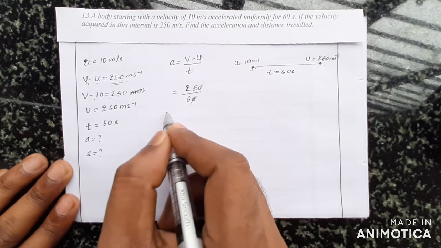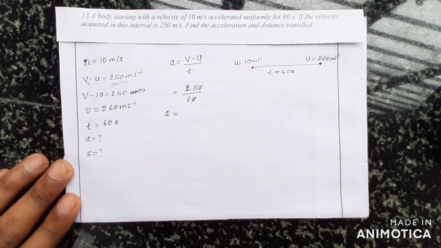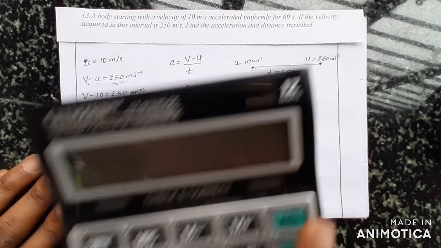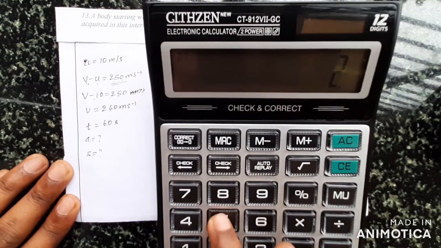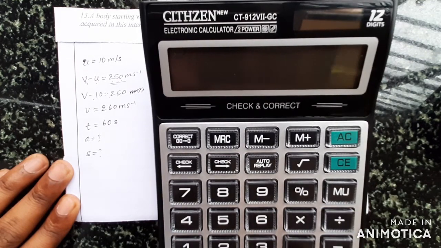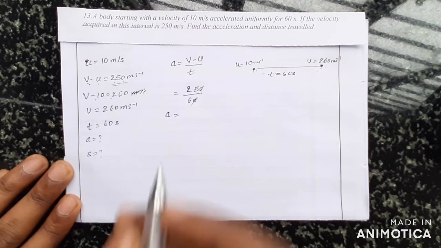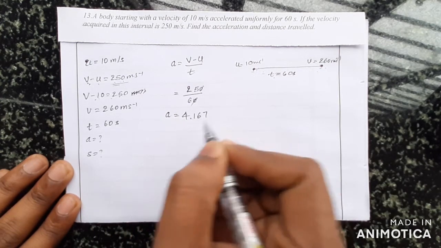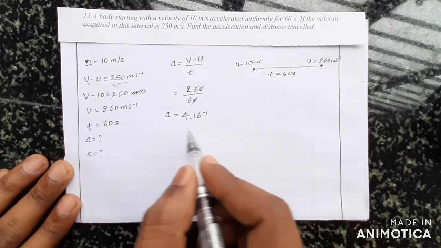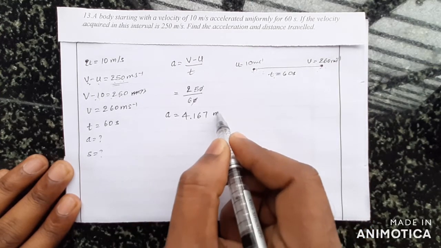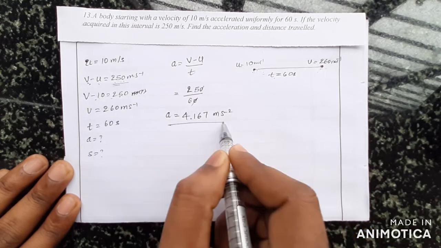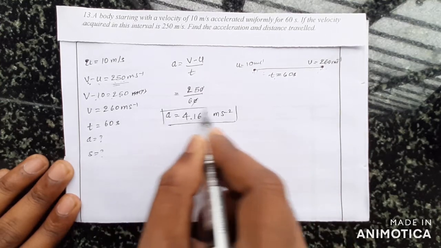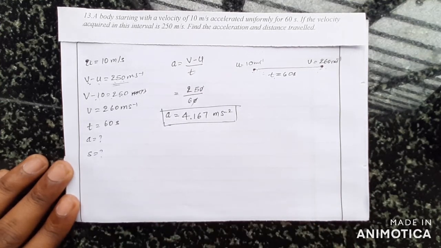One of the zeros cancels, so a becomes equal to 25 by 6, which is 4.167, recurring, meter per second squared. So this is the acceleration of the body.